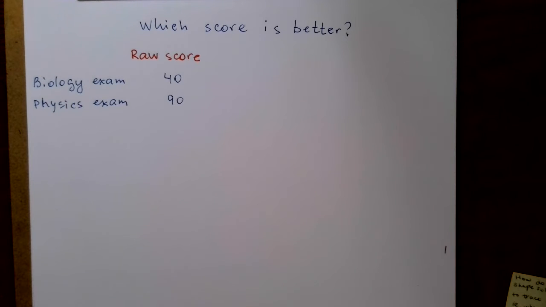I want you to pause here and think about this question a little bit. What do you think is better? Also, if you said that you cannot compare those two scores, which information would you need to be more informed about the situation? So pause here and think about answers to those questions.